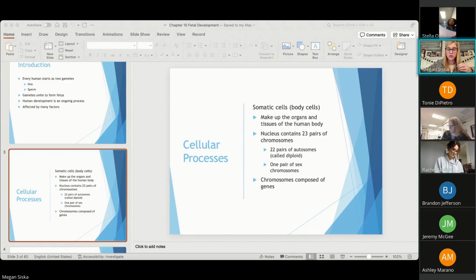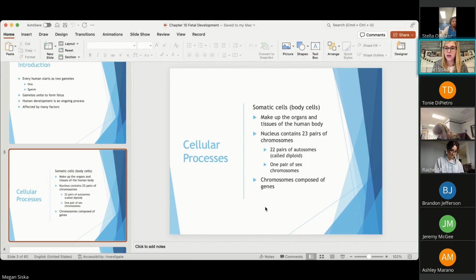Some people have extra X's, some people only have one X, some people have one Y. That's very important to understand when we talk about gender and sex, how outwardly we present, and the hormones that we have internally as well.